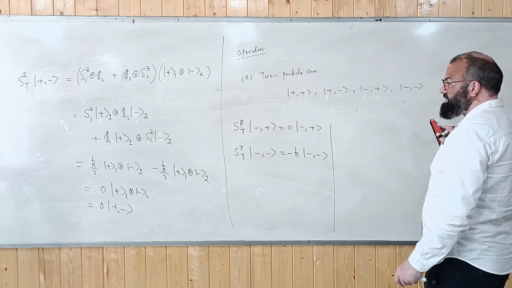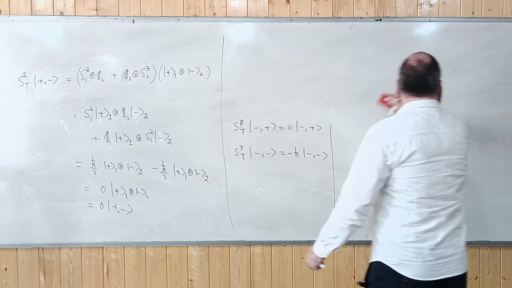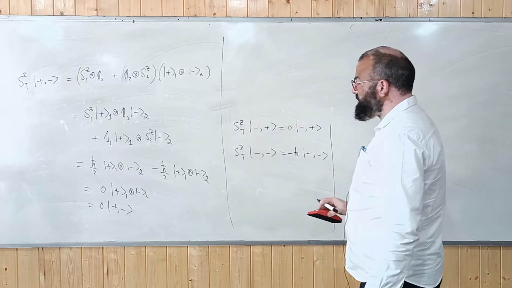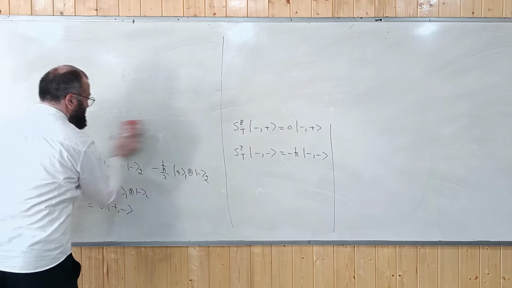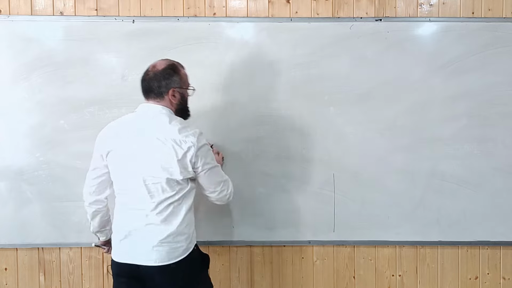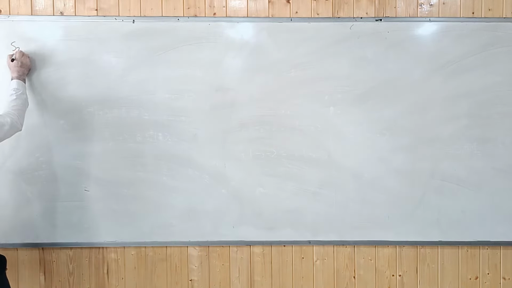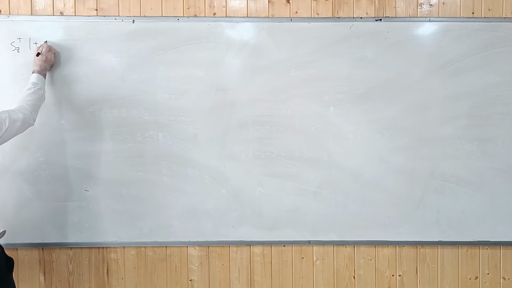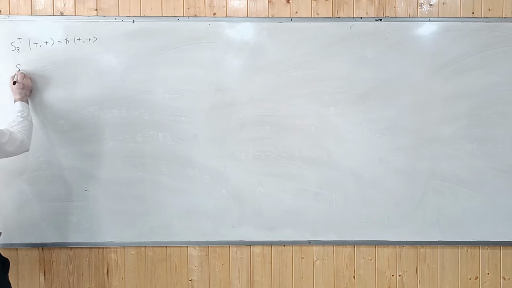Okay, so let me take the general state. So these values are there. So I have S_Z total acting on this plus plus. It gives me H cross plus plus. Then you have S_Z total acting on plus minus.